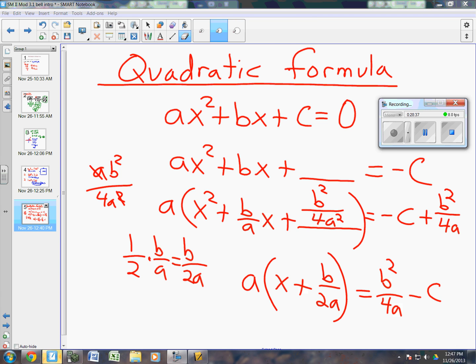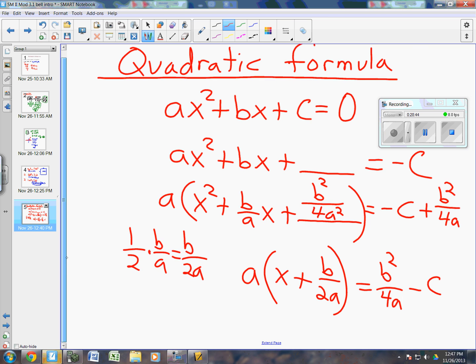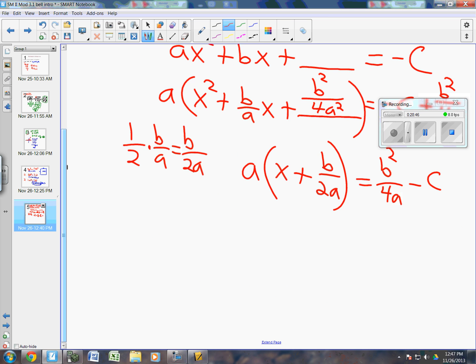Got it? Now, I'm going to get a common denominator down here. To get a common denominator, what's my common denominator between these two things so I can add them together? Remember when you add or subtract fractions, you got to have a common denominator? My common denominator would be 4a.